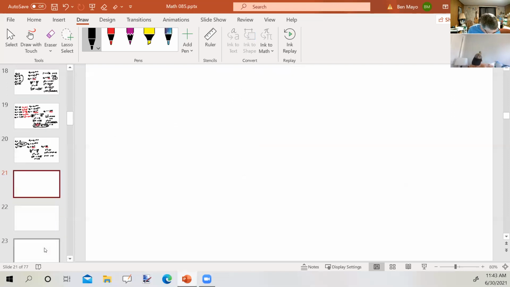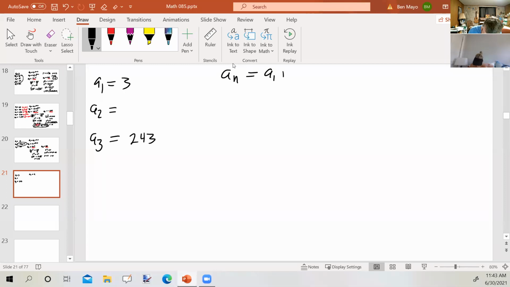Okay. Here's another scenario where it says, find the geometric mean between 3 and 243. So a sub 1 is 3, we're going to find a sub 2, and a sub 3 is 243. We're going to use a sub n equals a sub 1 times r to the n minus 1 power. So a sub 3 is 3 times r to the 3 minus 1 power.